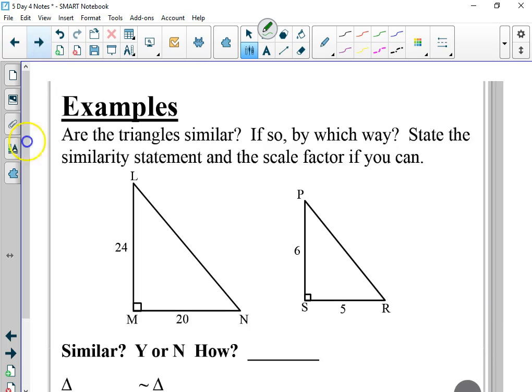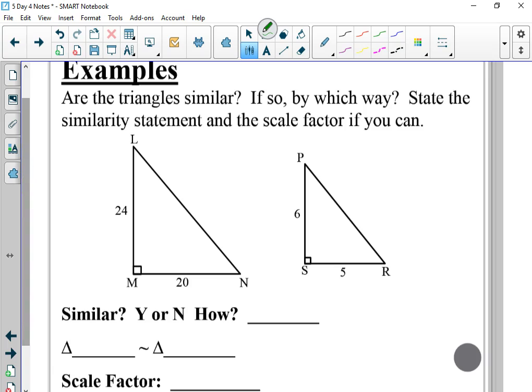Example, are these similar? If so, by which way? State the statement and scale factor if you can. So, we have an angle, and we have an angle here. That angle is included between these two sides and between these two sides. Now we have to prove proportionality.